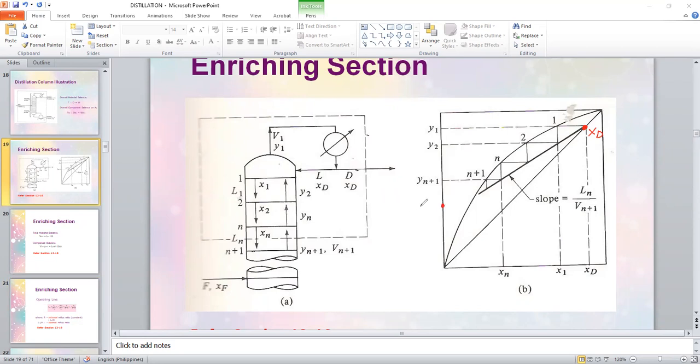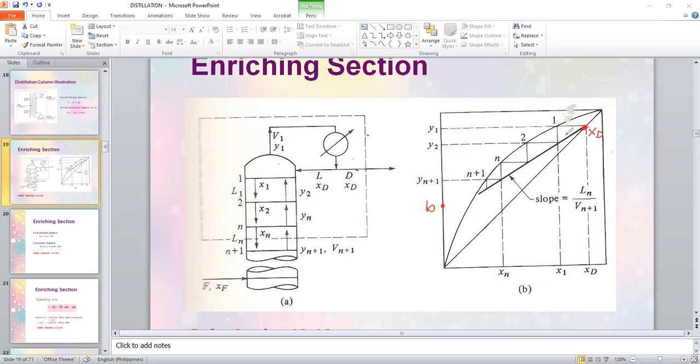You may wonder why place the y-intercept here, Miss Ali? Okay, based on the definition of the y-intercept, it's that point on the vertical axis where your line is going to cross. So meaning, if you connect this point that you have projected here in the 45-degree line to the vertical axis in here, without you having to draw the entire line, you only draw a line that will not cross, by the way, our curve.